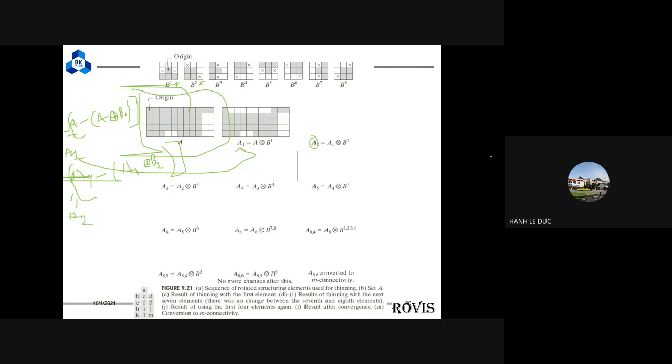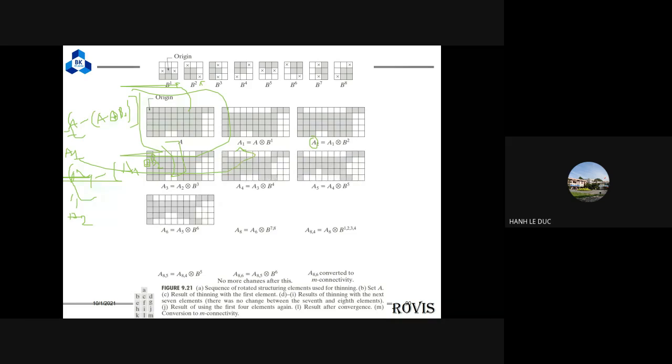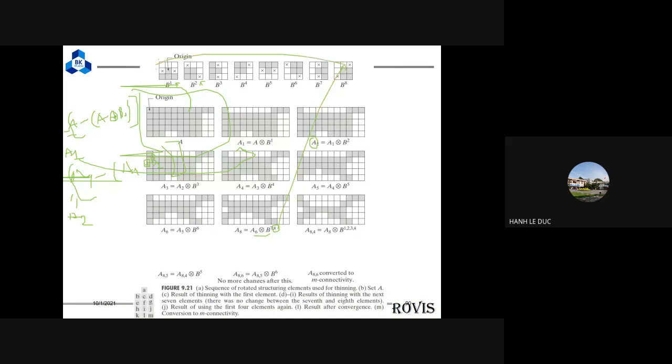And then continue: you have A2, A3, A4, A5, A6, and then A8. Here you just do it 2 times with B7 and B8, and because you already used B8, you then do another iteration.